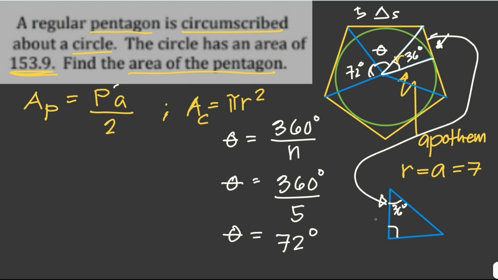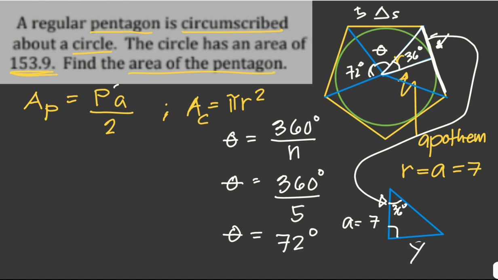And this is the radius or apothem, which is 7. But we don't know this one. This one is half of the side of the pentagon. Let's say this is y. So we let this side be y.